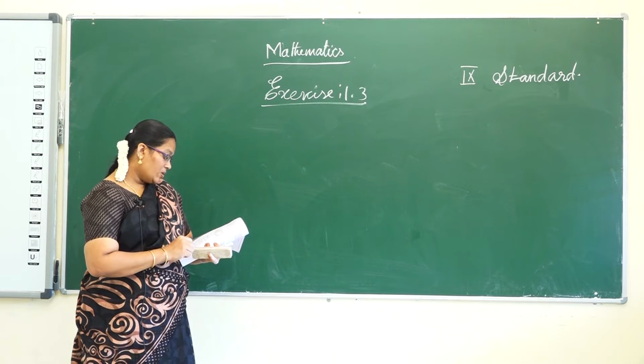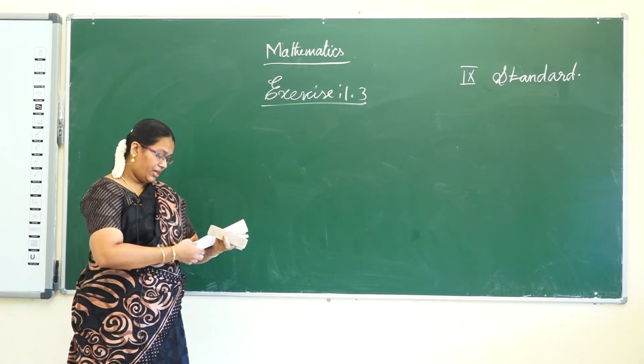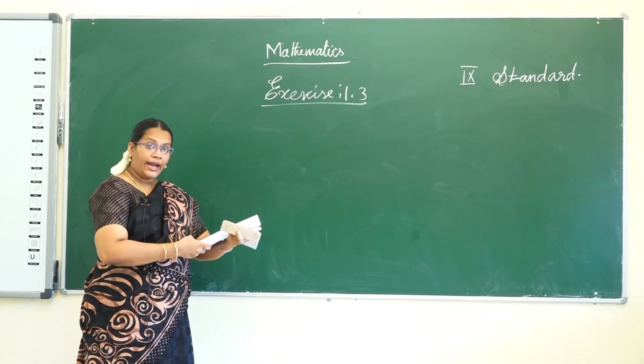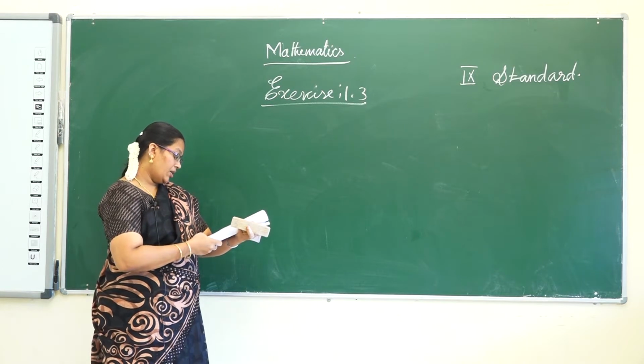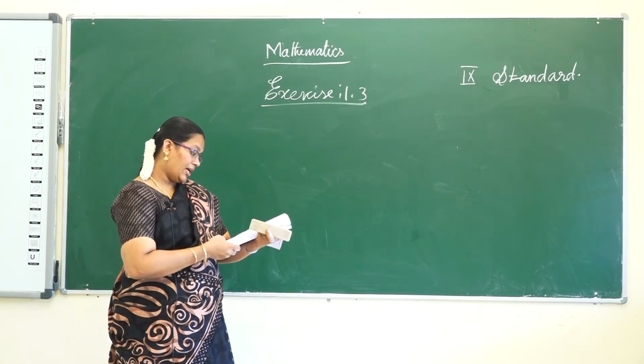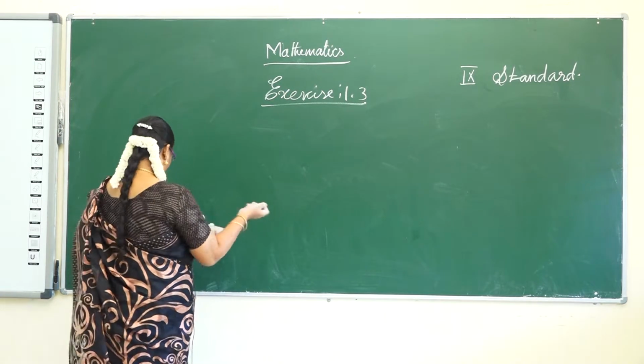First one, using the given Venn diagram. So the diagram is given on your page number 18. Okay, using the given Venn diagram, write the elements of the first one.